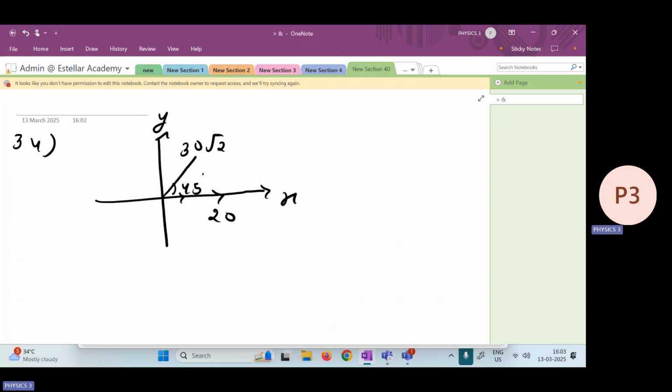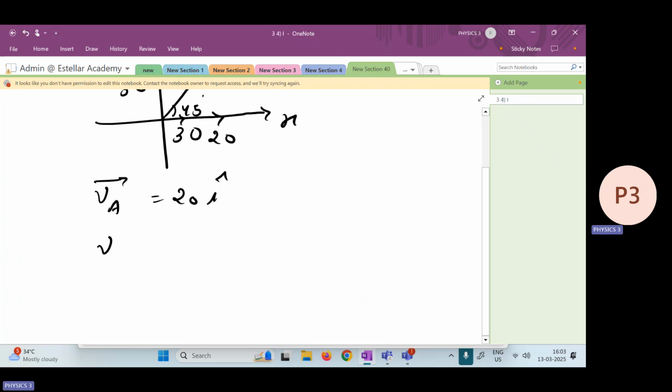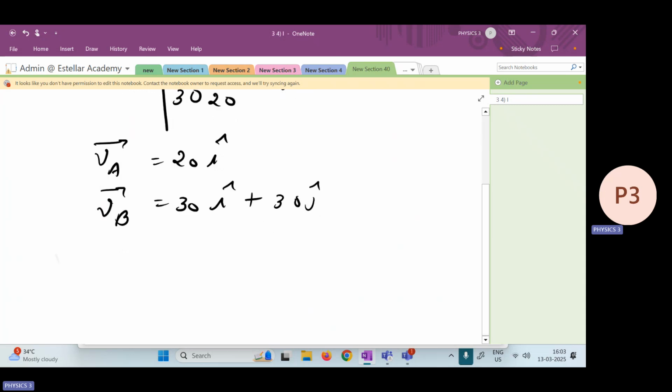We know that cos 45 is 1 by root 2. So that would be 30. And that would be 30 also, because the values of sine 45 and cos 45 are the same, equal to 1 by root 2. So the velocity of A we will write as 20 i cap. The velocity of B would be 30 i cap plus 30 j cap. Now we have to find the relative velocity of B with respect to A. So VBA would be VB minus VA.